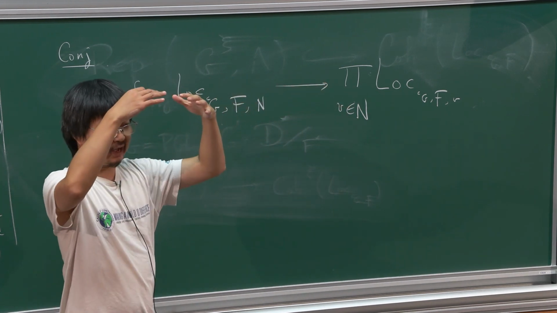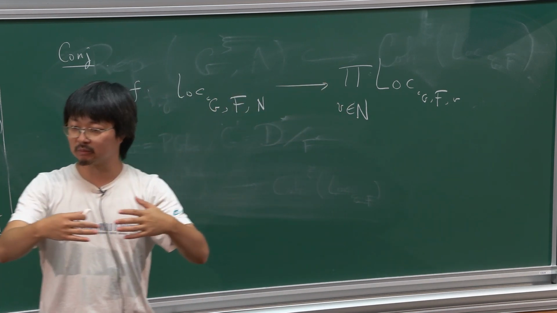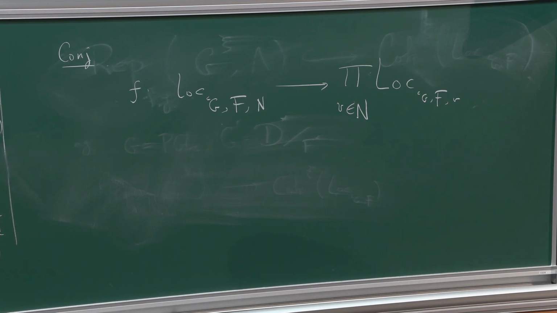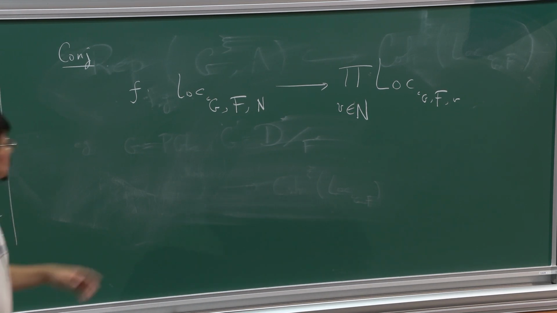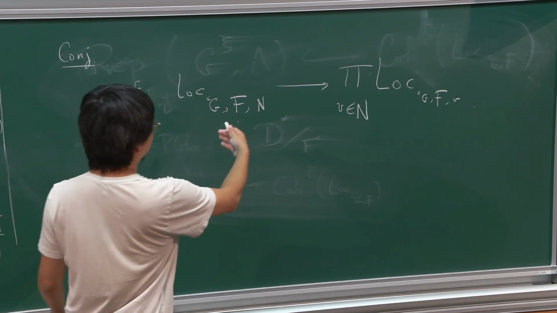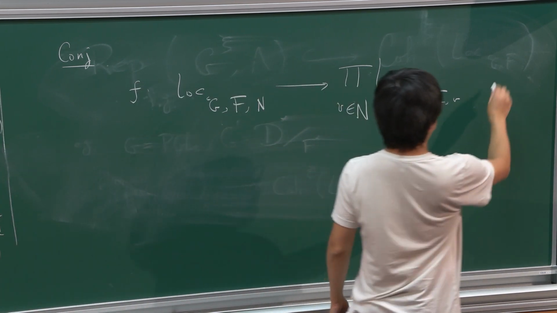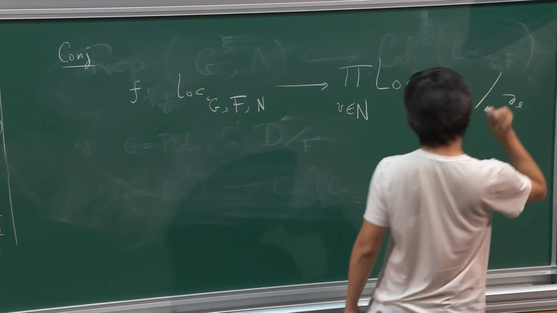I have a global parameter, I can restrict to the local Galois representation and get the local parameter. So there's actually such a map between algebraic stacks. So this is, let's say, over Z_l.